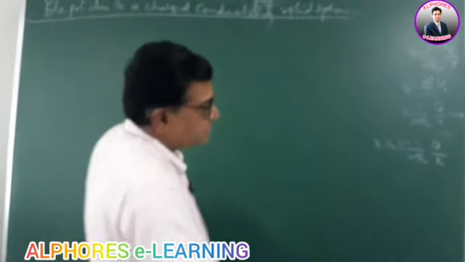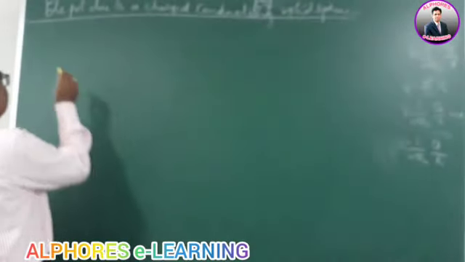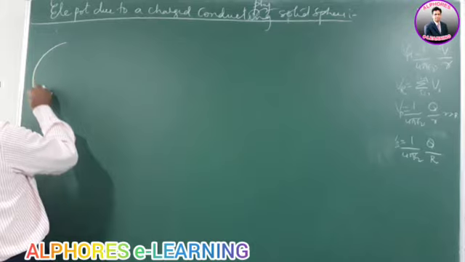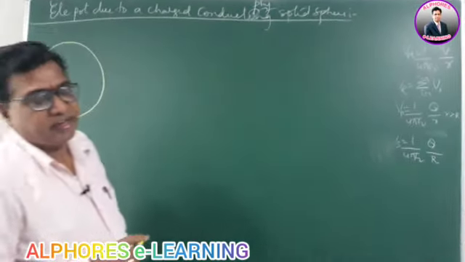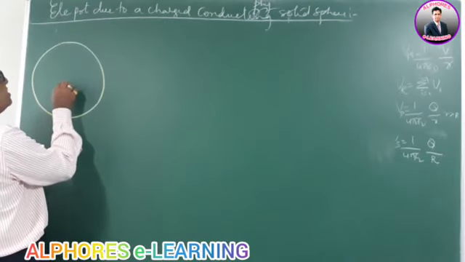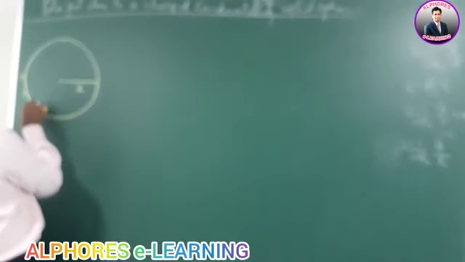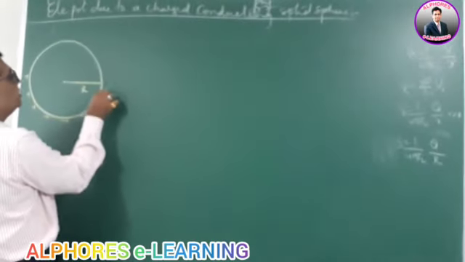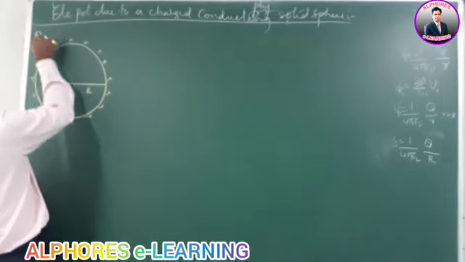First of all, let's take a solid sphere like this, a conducting solid sphere of radius R. Let its charge be Q. I am giving charge Q to this.